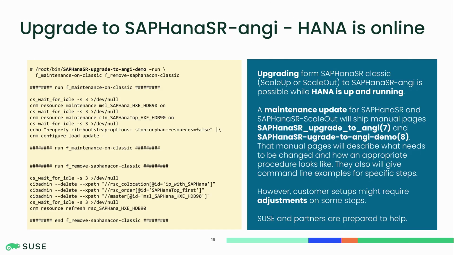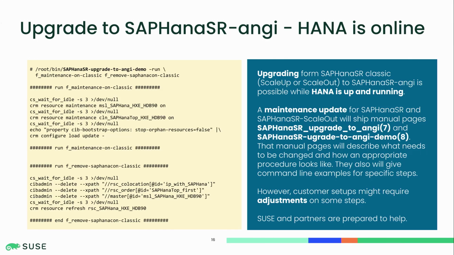And if you then check this set of commands, try out if it works, then you have a procedure with like 120 or so commands you can run, and then your cluster is migrated from the old classical SAP HANA SR package to the new SAP HANA SR ANG package and looks like freshly installed.